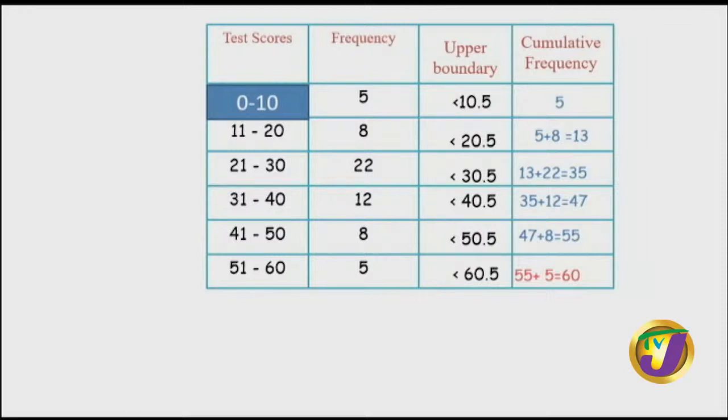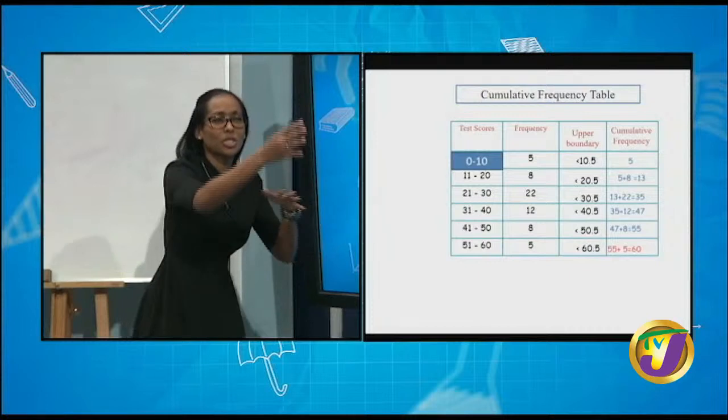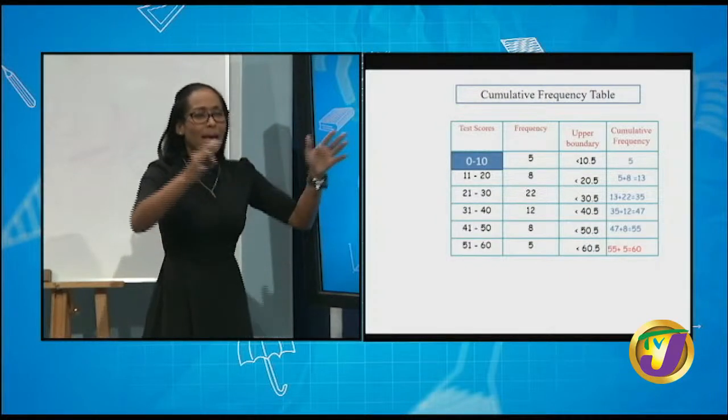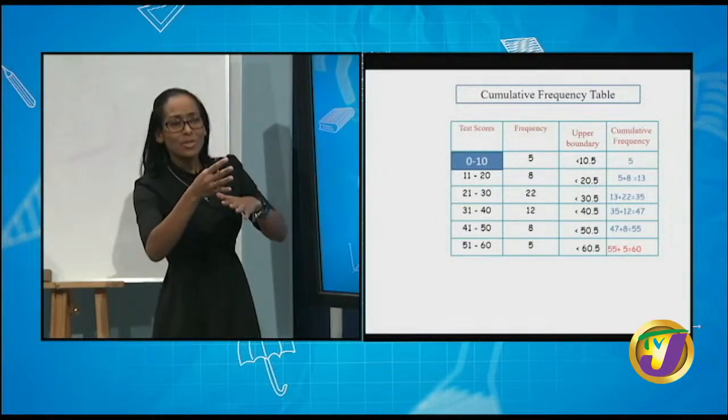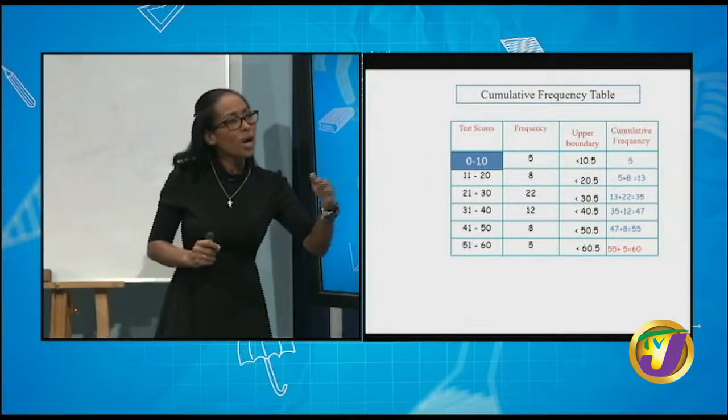Now, why is it important for me to put this in red? When I'm looking at it now, I'm seeing 55 plus 5 and the answer is 60, which is a cumulative frequency. Yes. Again, it means 60 students would have received a test score less than 60.5. Nice.